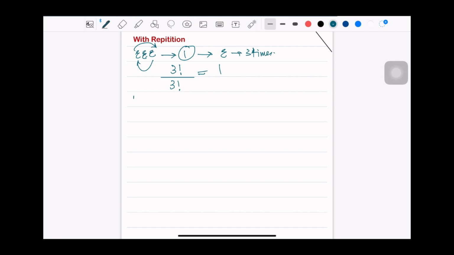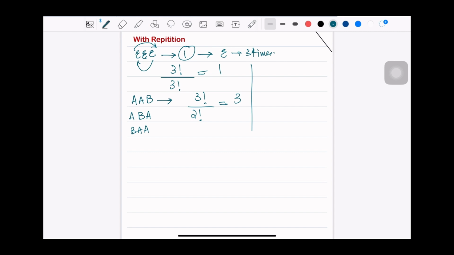For example, A, B, A. There are 3 letters as you see. You write this as 3 factorial over, now A is being repeated 2 times, so 2 factorial, which gives you 3. You can try looking at it: A, B, A; B, A, A; A, A, B. That is it.